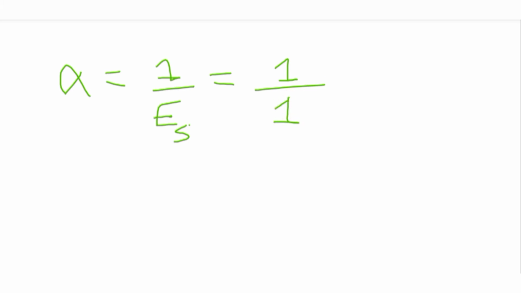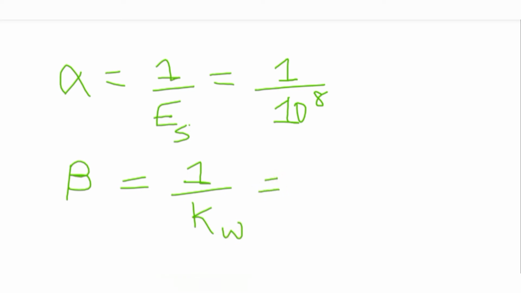So alpha will be equal to 1 upon 10 raised to 8. Then beta is equal to 1 upon Kw. Kw is 2.1 into 10 raised to 9, so this will be 1 upon 2.1 into 10 raised to 9.